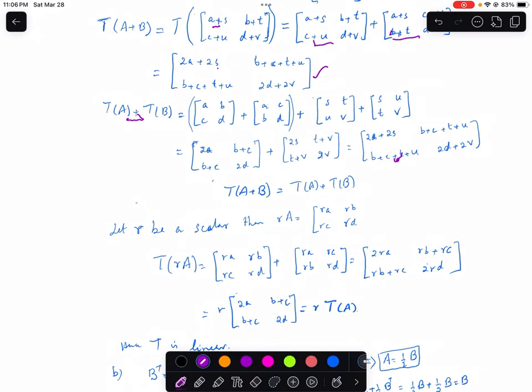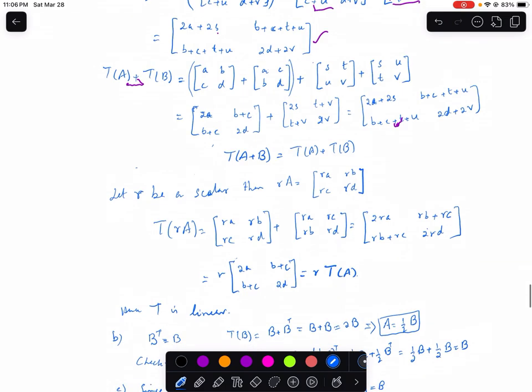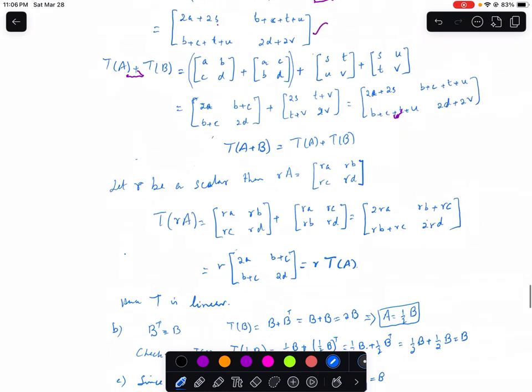The second part said that we have to find a matrix A such that T of A is equal to B. So what is that matrix A, such that B, the condition on B is that it is the same as its transpose?